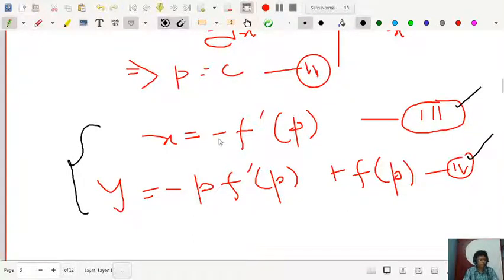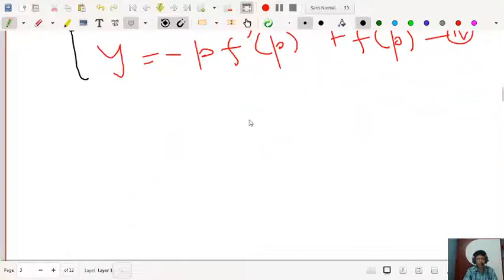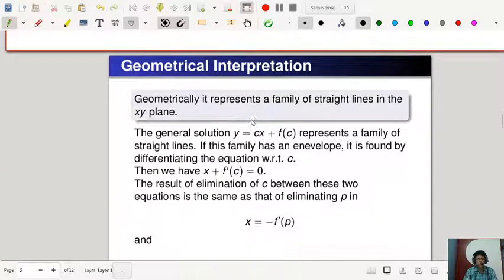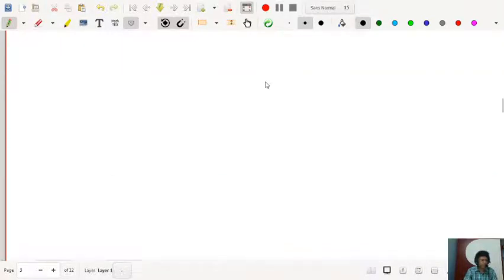Now there is a question about this. Before I move to the geometrical interpretation, let me tell you one thing. A differential equation of the first order but not of the first degree may or may not possess a singular solution.